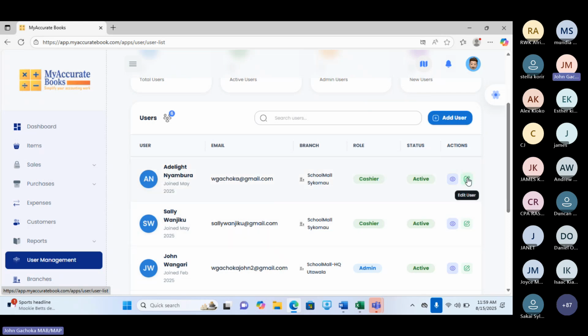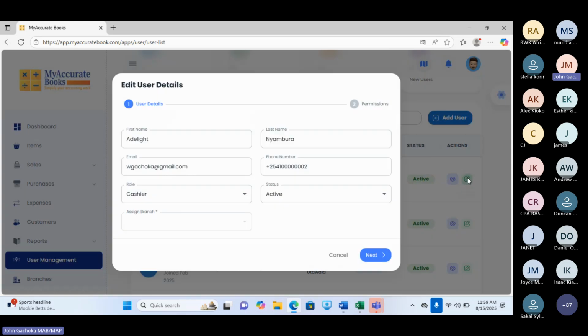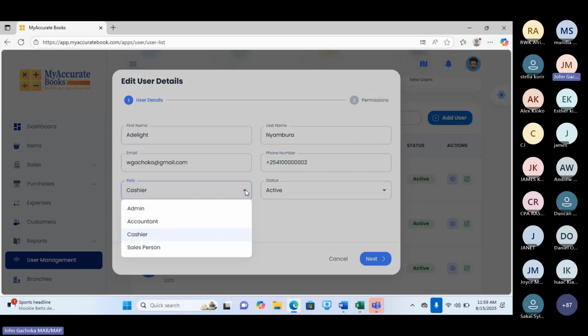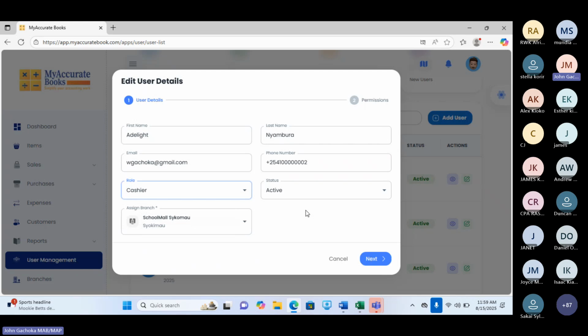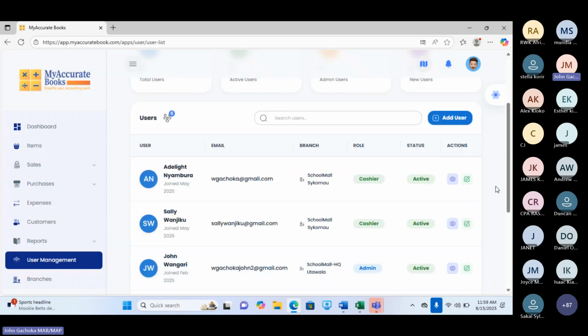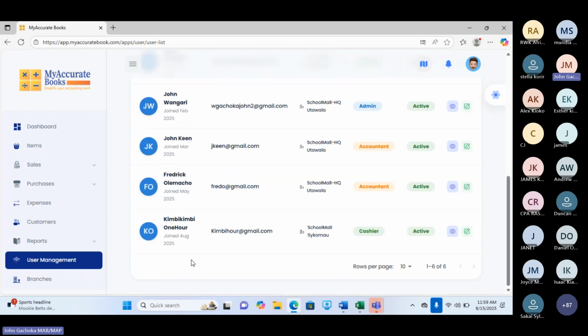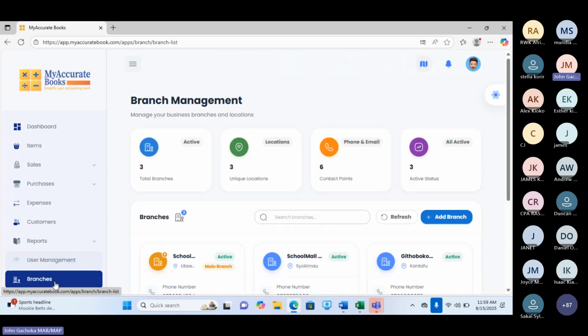Whether it's a cashier, a salesperson, or an accountant, or even an admin. Maybe you're more than one director and you need access to this system. You can delegate an admin role to another director, and you will be in a position to execute operations of your organization. Now, I also mentioned about branches.